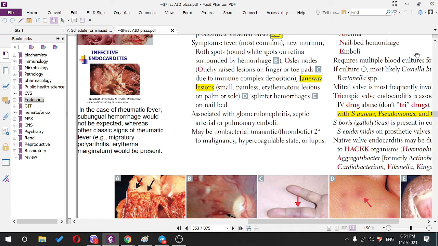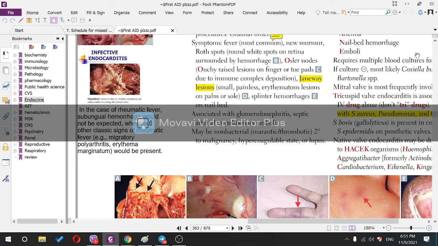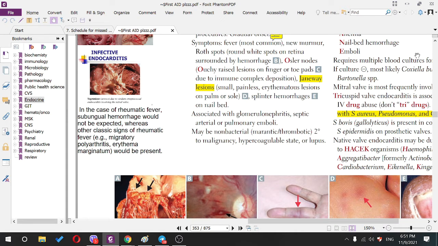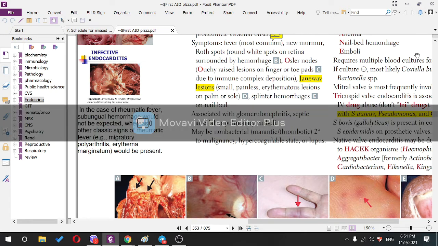So you can also have septic emboli. Septic emboli practically can go to any organ in your body and lead to infarction. Guys, do you know what is the most common organ to be affected by septic emboli? It's an important one.